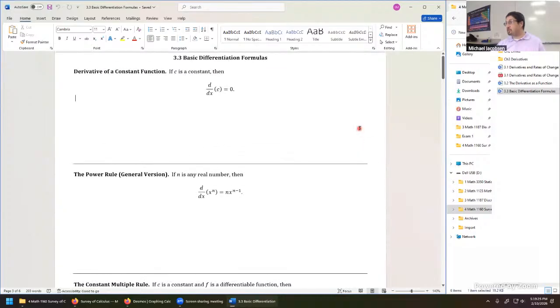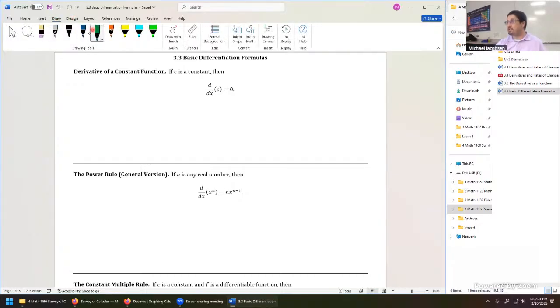So these notes start off rule by rule. There's a lot of white space here because it's not sufficient to say if c is a constant, then the derivative is 0. We should look into a lot of examples. So here are a lot of ways that this derivative of a constant formula can come into play.